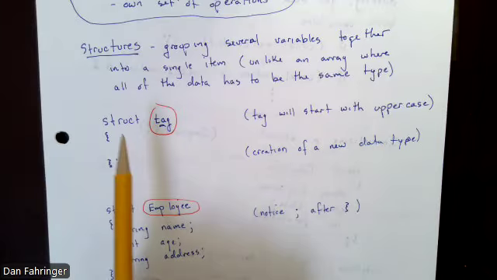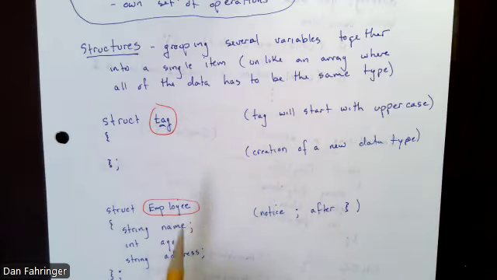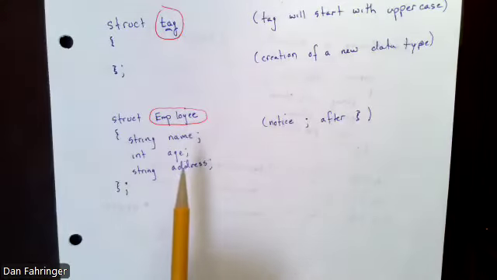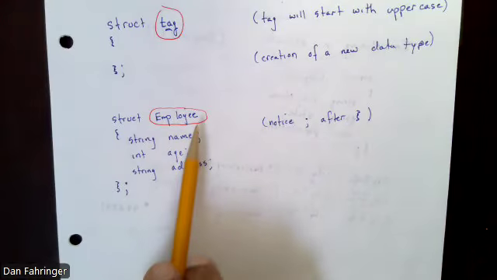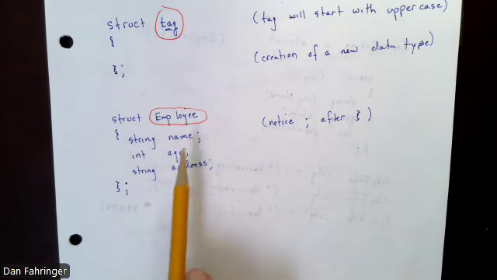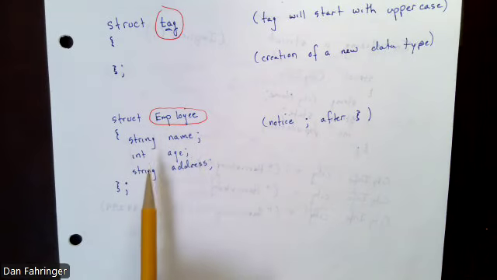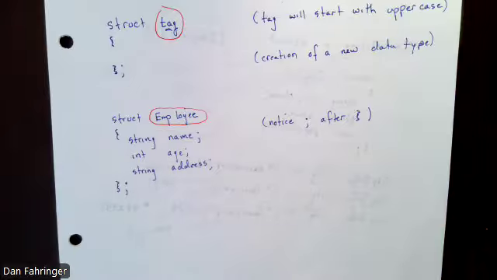Okay, so we're going to say, I want to create something. It's called employee. Now, instead of it being called int, I'm naming my data type employee. Now, what's unique about this? Well, this is kind of like the old school Rolodex, where you would have an employee, and on that Rolodex card, some of you don't even have any idea what I'm talking about. You had the name, you had an age, and you had an address. Okay.